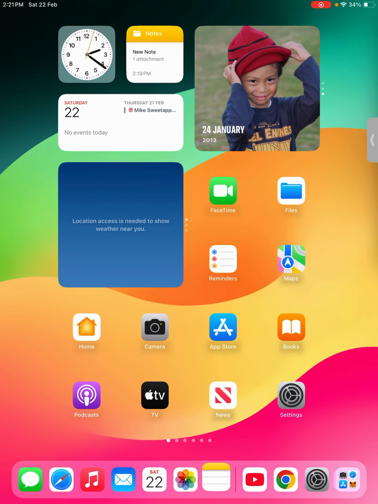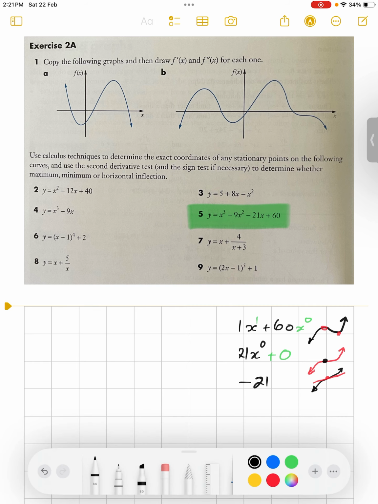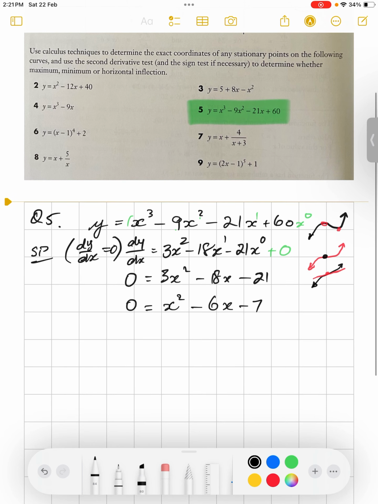I'll divide everything by 3. So we've got x squared minus 6x minus 7. Two numbers that multiply to give AC and add to give B. 1 times negative 7, they multiply to give negative 7.